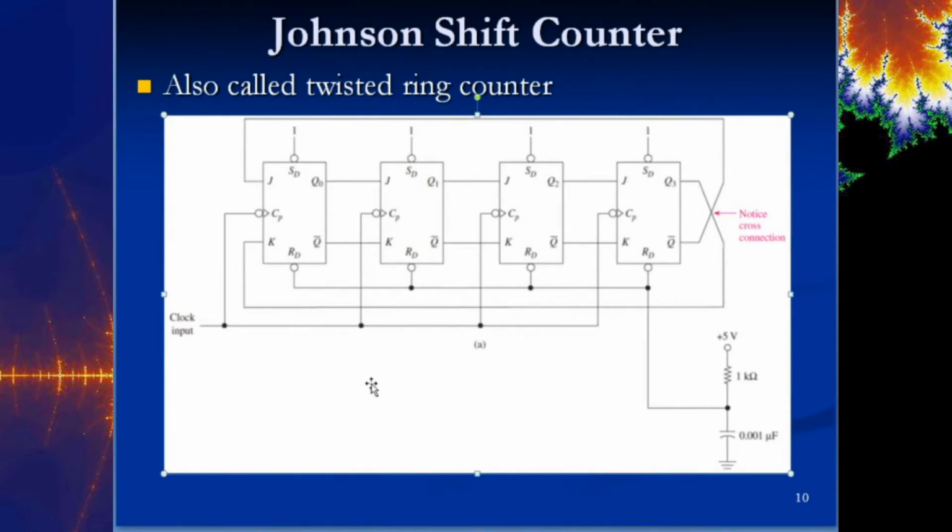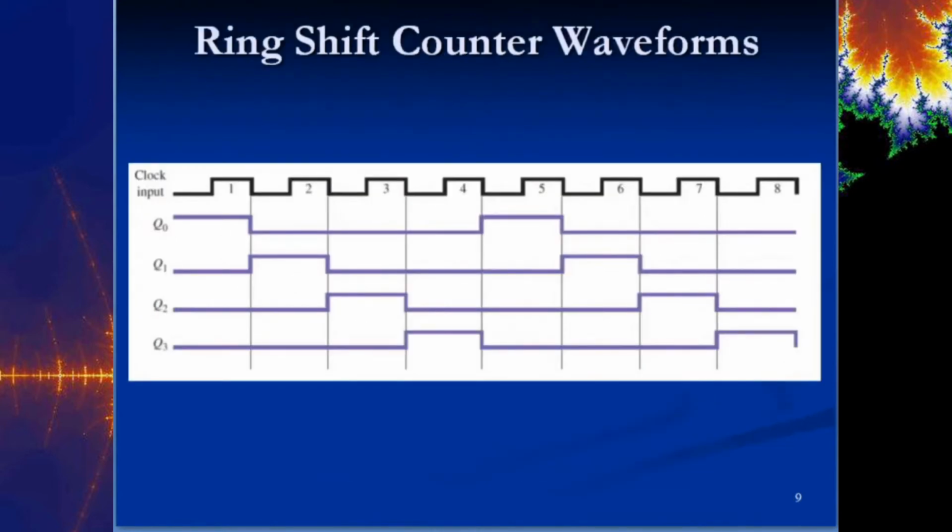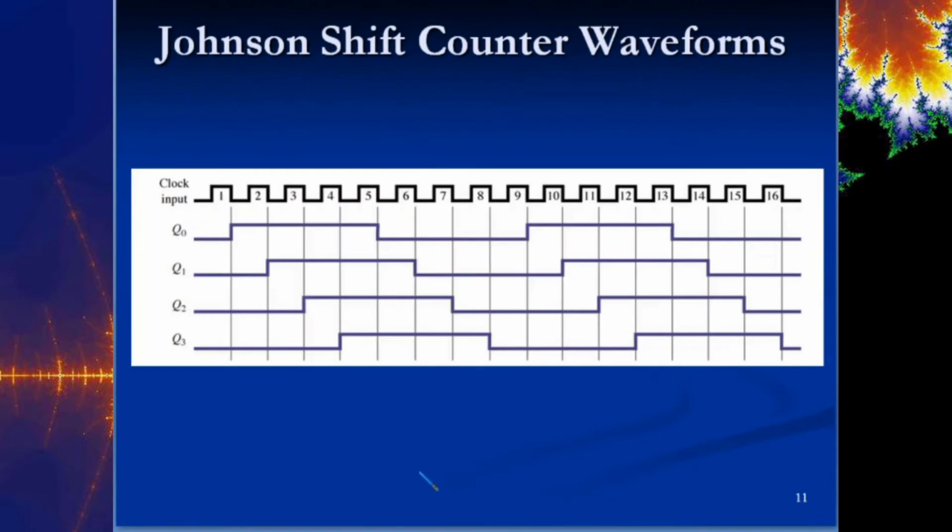So what you get is still a repeatable signal, kind of like the ring shift counter, but this is the difference. This actually looks like a square wave, okay? Where it's on for a certain amount of time, it's off for the same amount of time. So this is like a 50% duty cycle square wave, okay?